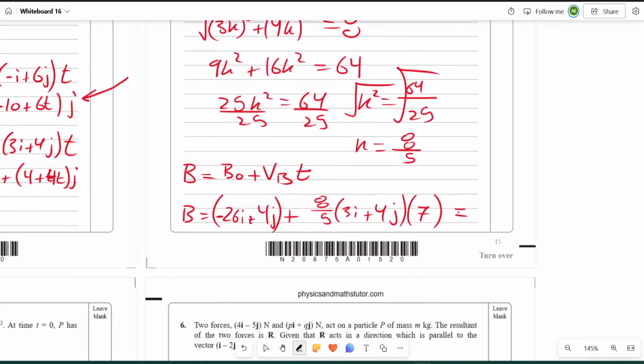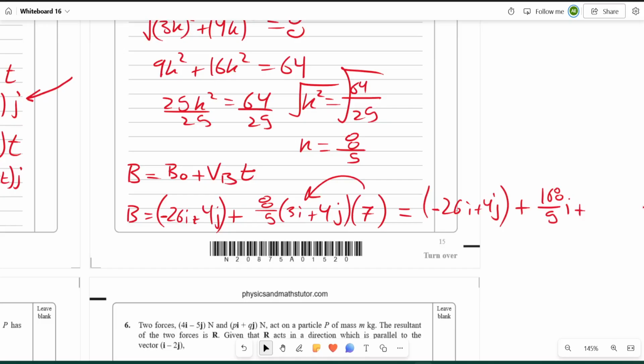So I'm just going to do that. This is going to be negative 26I plus 4J plus 8 over 5 times 7, which is basically 56 over 5. Multiply that by 3 and it is going to be 168 over 5I, plus multiply the 56 over 5 times 4. That is going to be 224 over 5J.